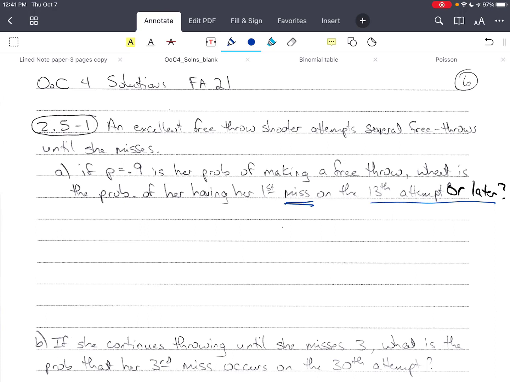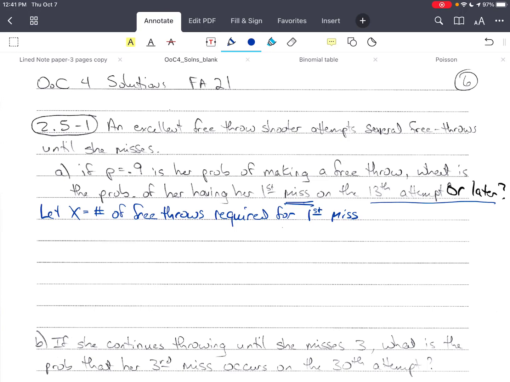Okay, so let X equal the number of free throws required for first miss, not making.